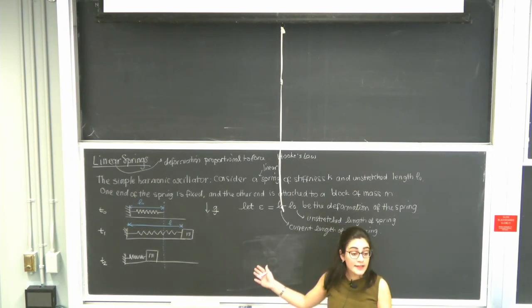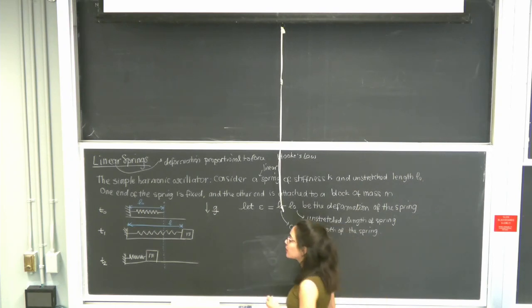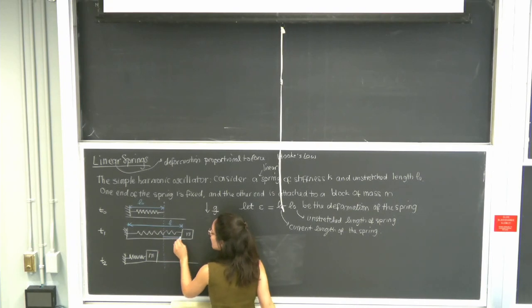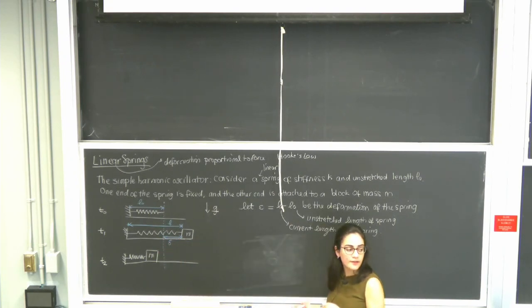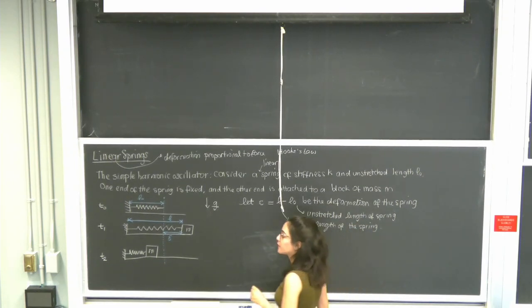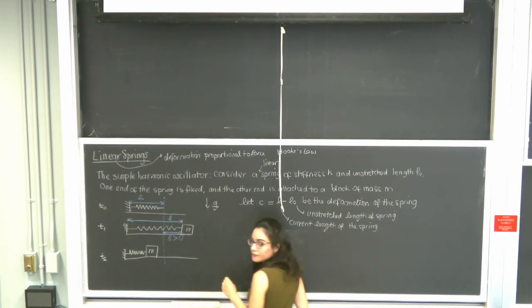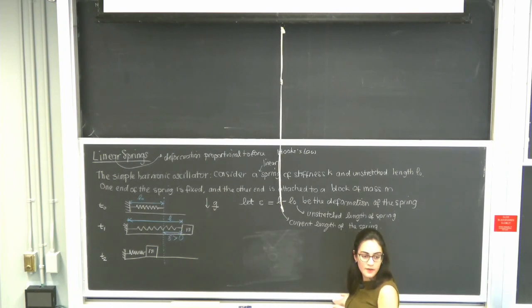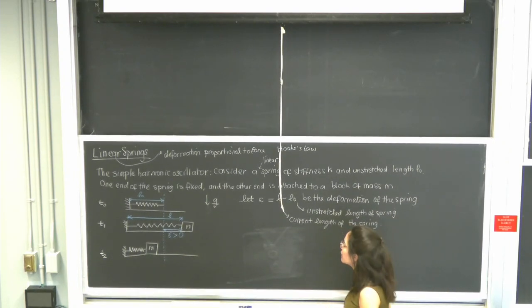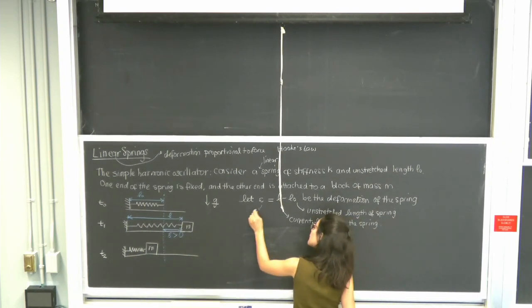So at this state, T1, epsilon is this distance, L minus L0, right? Is it positive or negative? Positive. Raise your hand if you agree. The stretch is positive here. So epsilon we can call the deformation, or we can also call it the stretch.